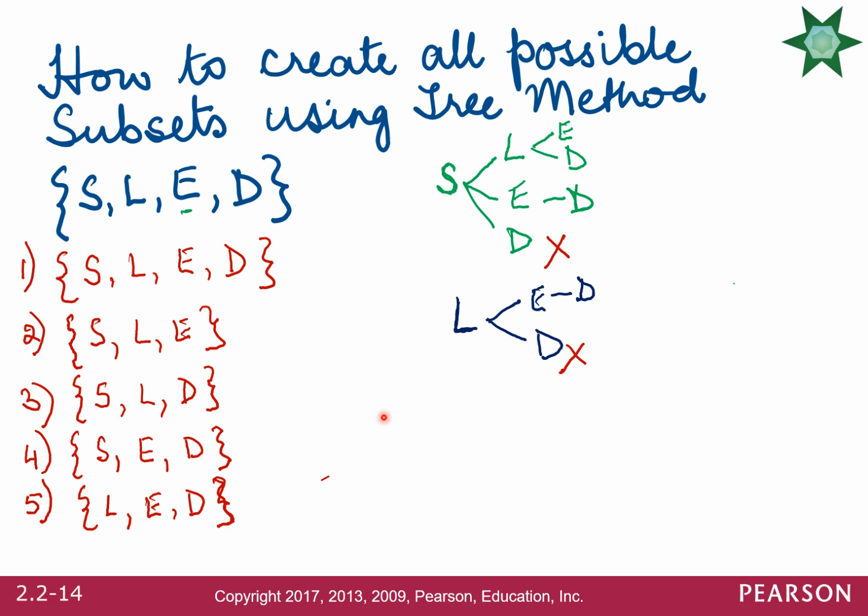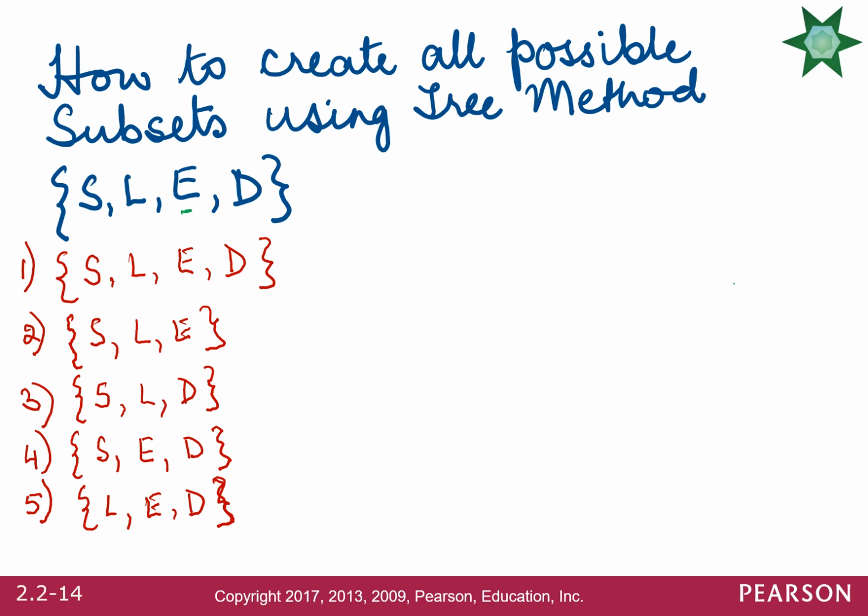All right. So now we go to creating subsets of 2 elements. Let's start that, and before that I'm going to erase this tree here to make some space. But this time we are going to create trees with just 2 elements. Again, I'm going to start with S. So you have to start over the process. And then after S, we can either get an L or an E or a D. Now, you don't need to go any further because we need only 2 elements.